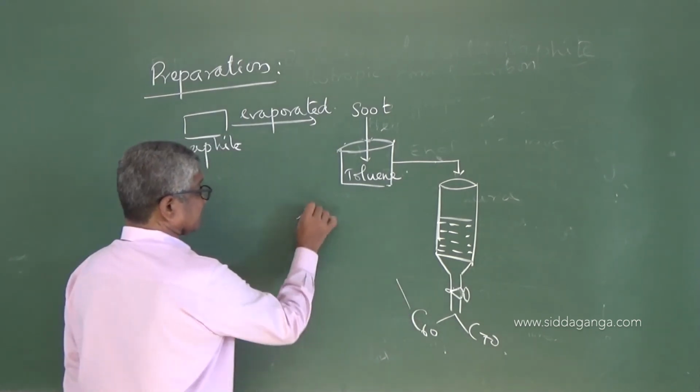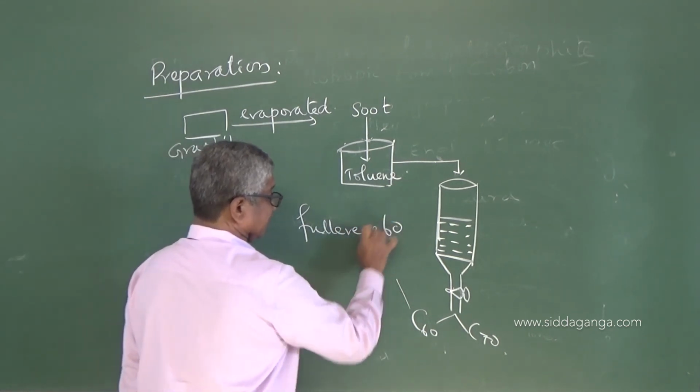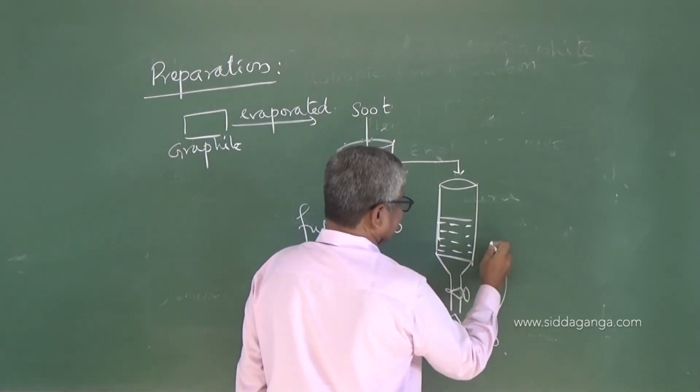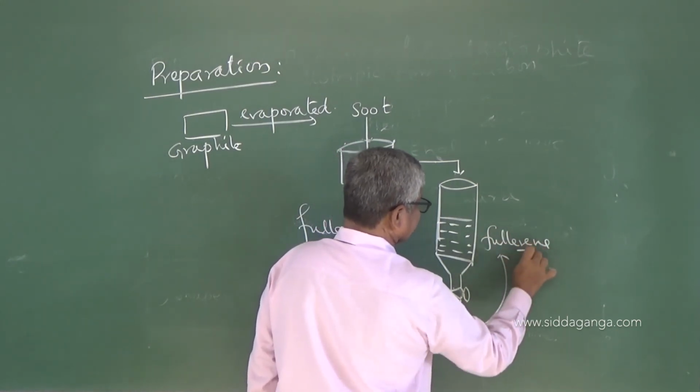C60 is called fullerene 60 and C70 is called fullerene 70.